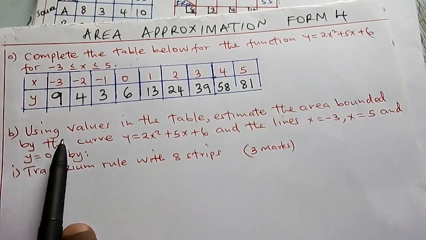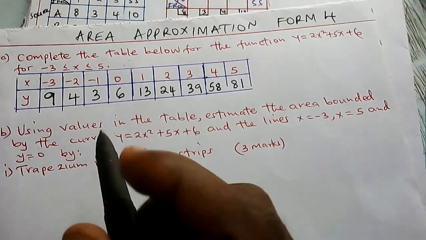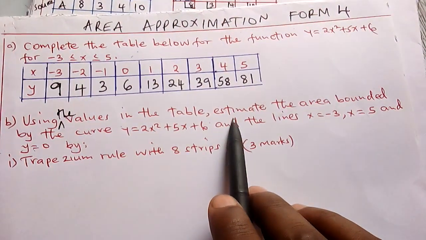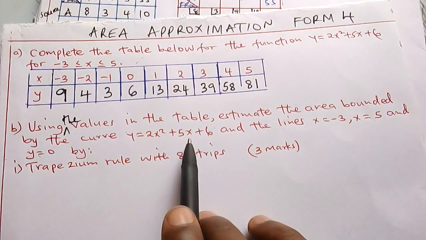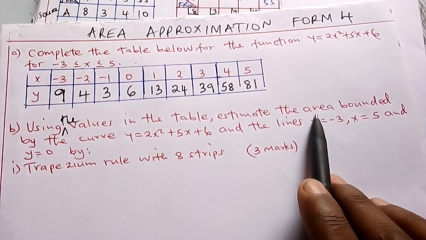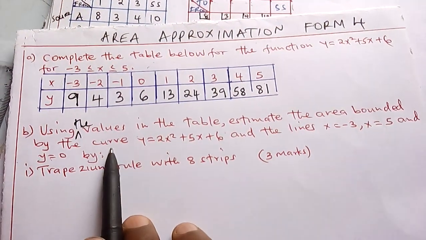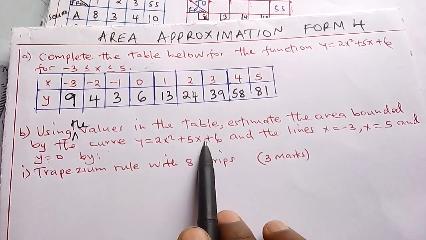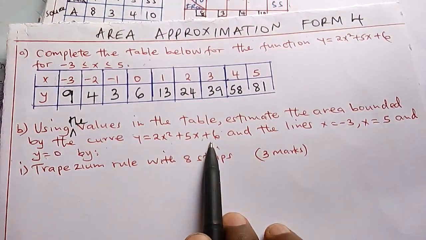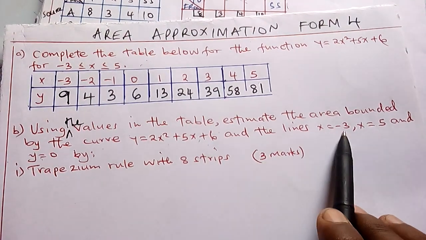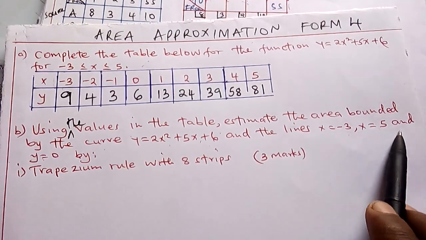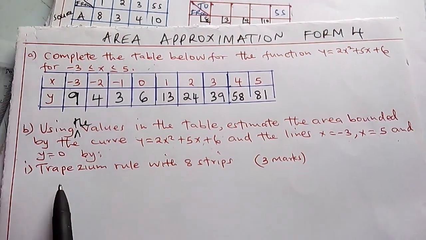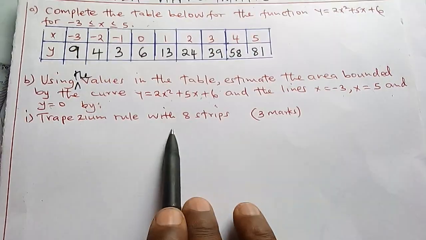Then next, using the values in the table, estimate the area bounded by the curve y is equal to 2x squared plus 5x plus 6, and the lines x equal to -3 and x equal to 5 and y is equal to 0 by trapezium rule with 8 strips.